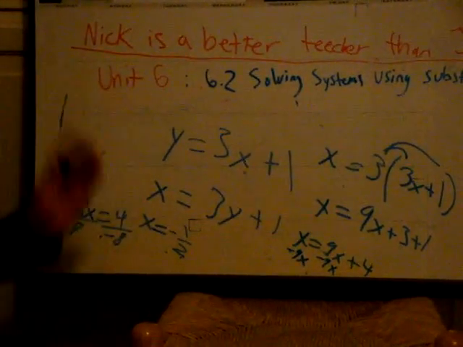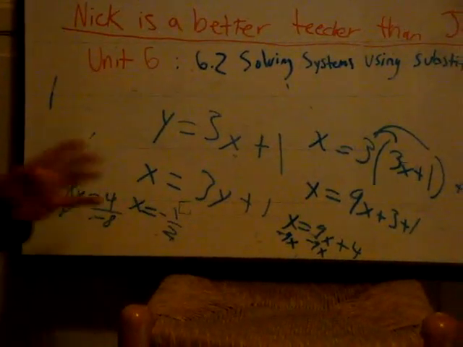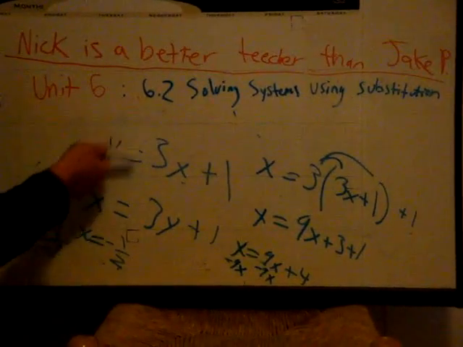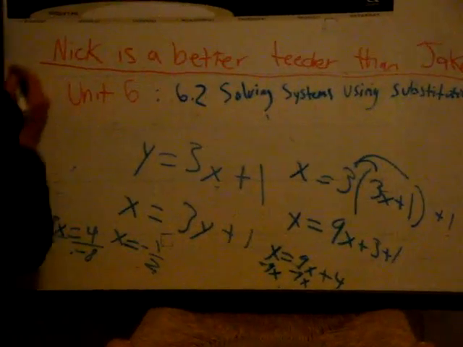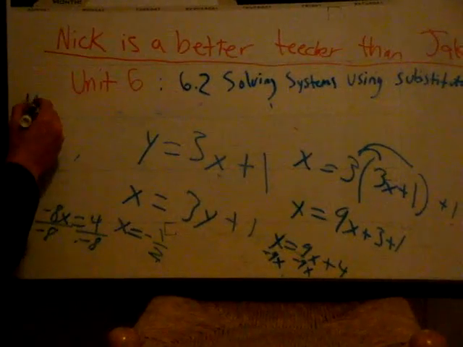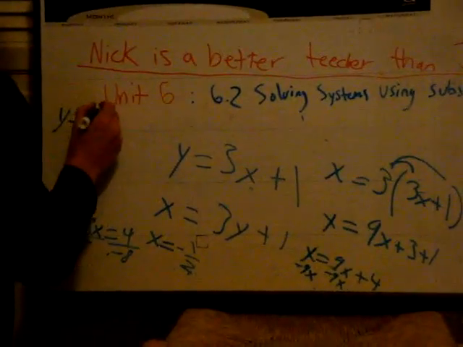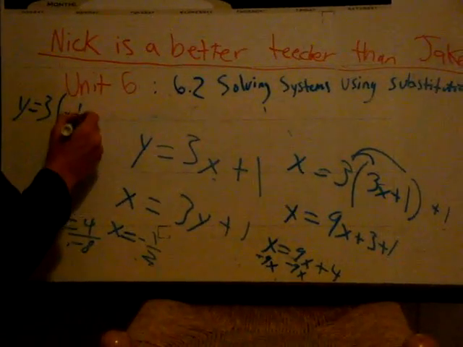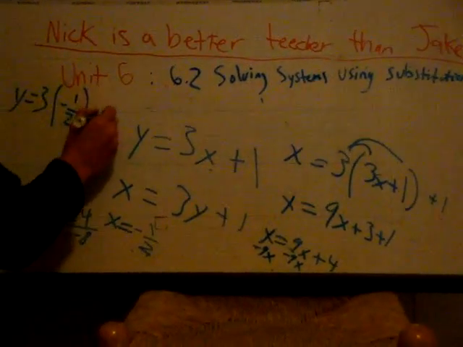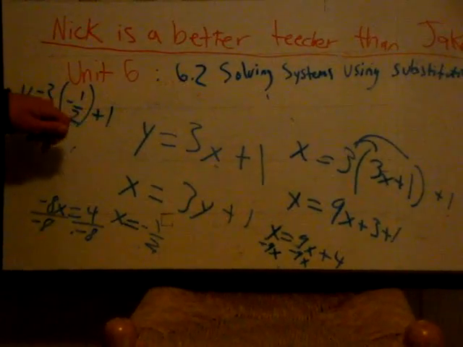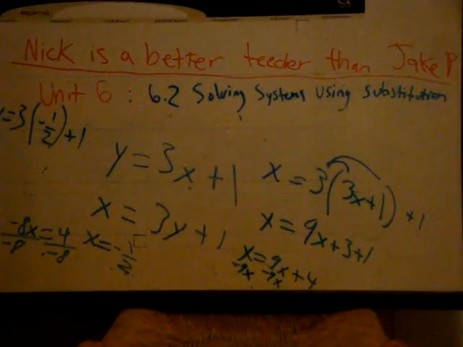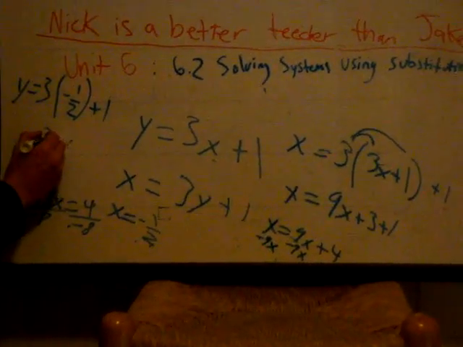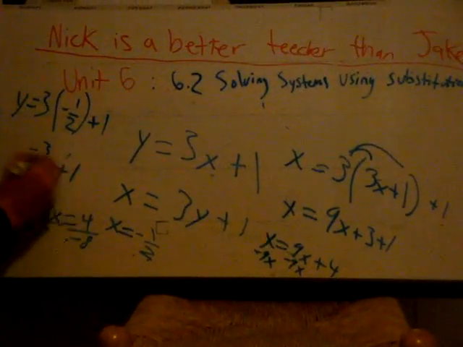Okay, so that was a lot, I know, but we're not done yet. Now we have to plug this back into this, which would give us y equals 3 times x, and x equals negative 1/2, plus 1. So we've got to multiply those together, which is negative 3 over 2 plus 1.